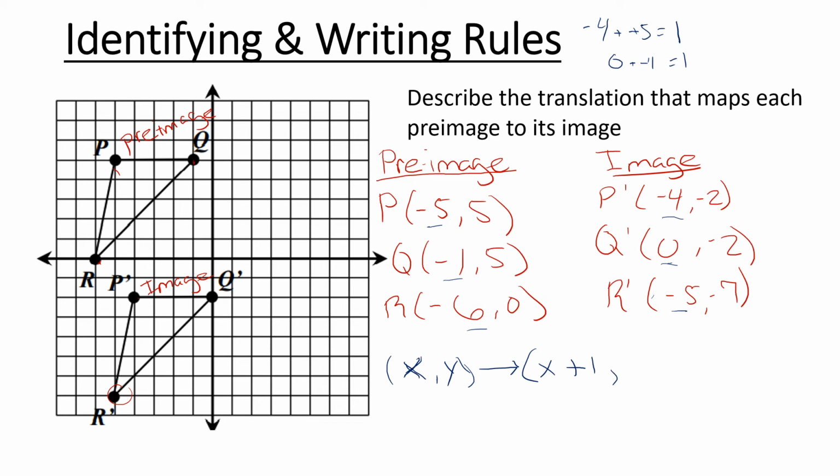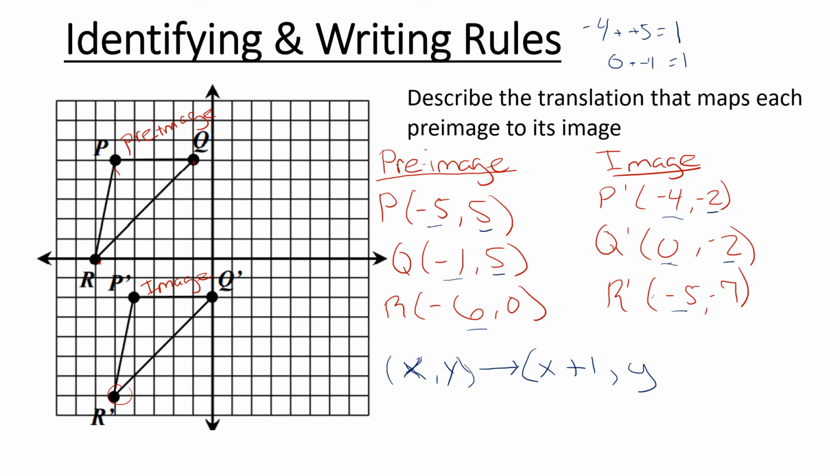All right. So now let's look at my y values. From 5 to -2, what happens? From 5 to -2, that decreases by 7, or goes down 7 places. From 5 to -2, again, that's down 7. And then from 0 to -7, again, decreases by 7.